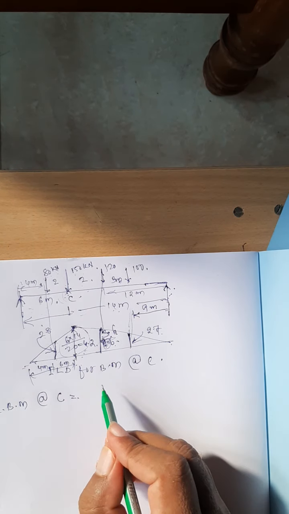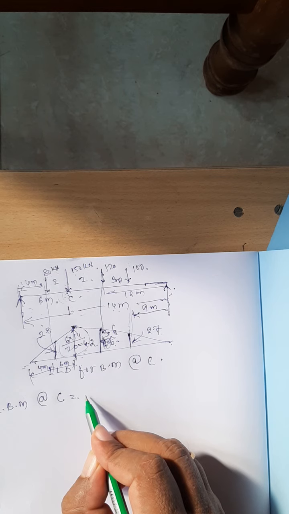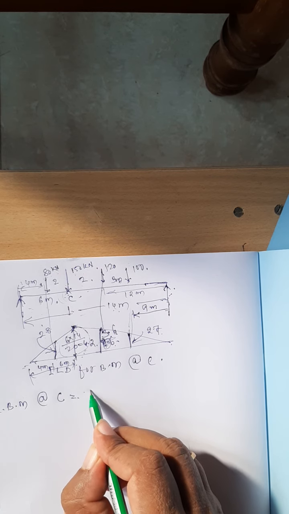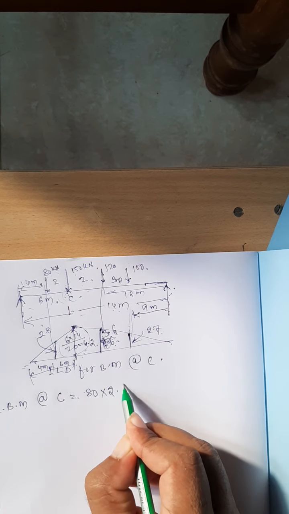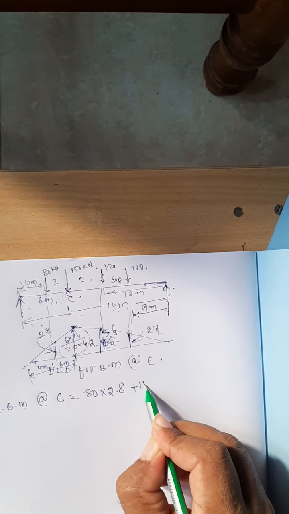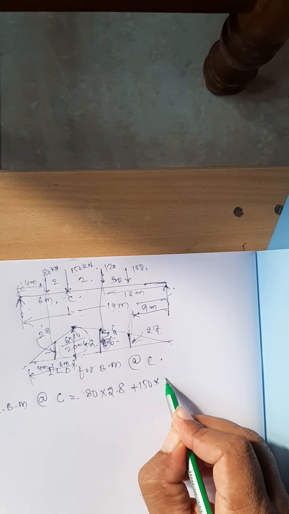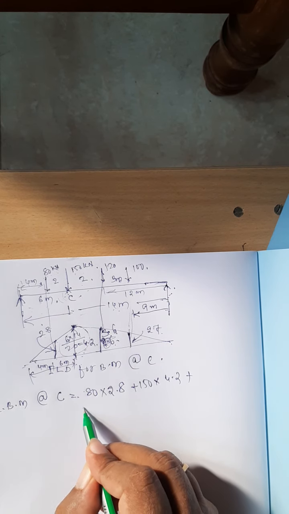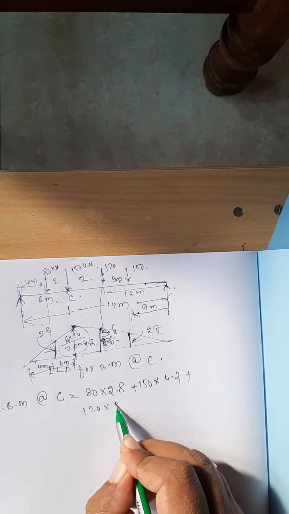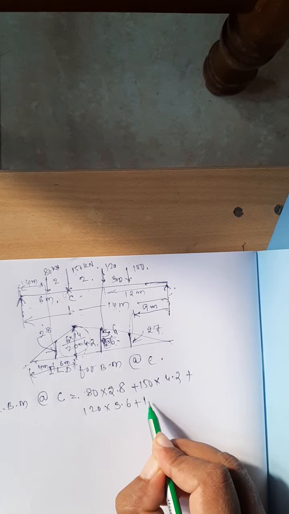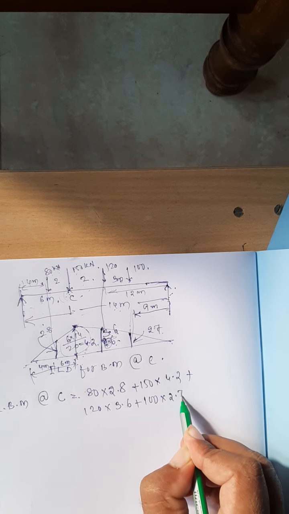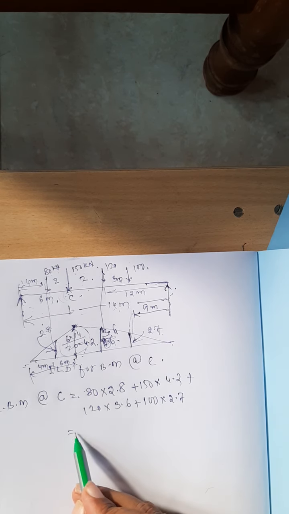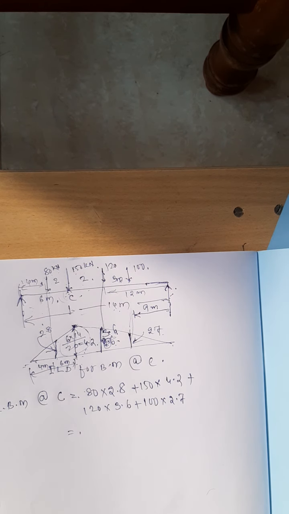Yes, the maximum bending moment at C is equal to 80 multiplied by 2.8 plus 150 multiplied by 4.2 plus 120 multiplied by 3.6 plus 100 multiplied by 2.7. Are you getting it?